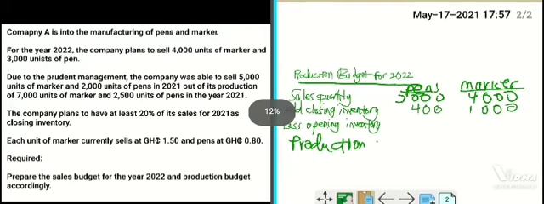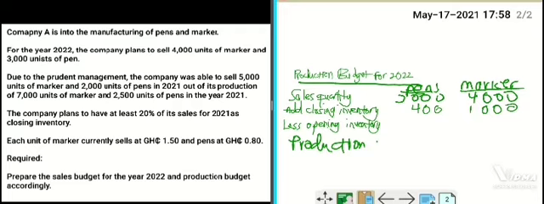Now let's look at the opening inventory as well. For the opening inventory, we have to do a bit of calculation. Realize that after we made the sales, from the third sentence, it says that out of its production of 7,000 units of marker and 2,500 units of pens in the year 2021, our closing inventory in 2021 is going to be our opening inventory in 2022. Is that okay?